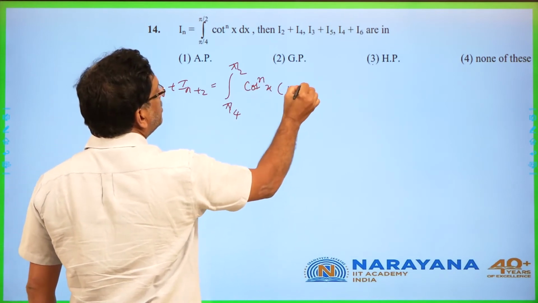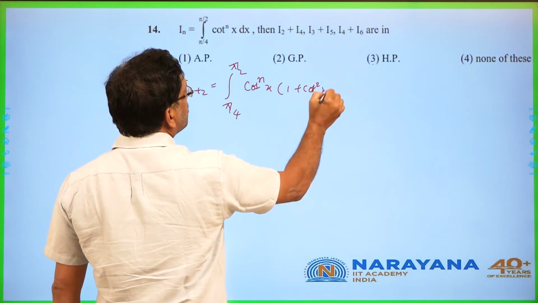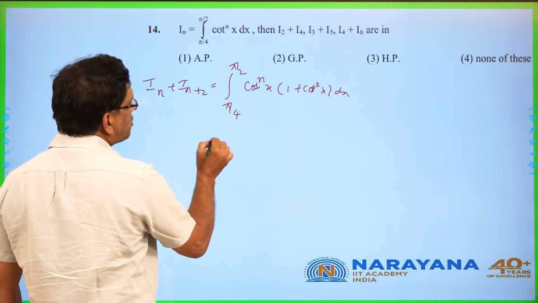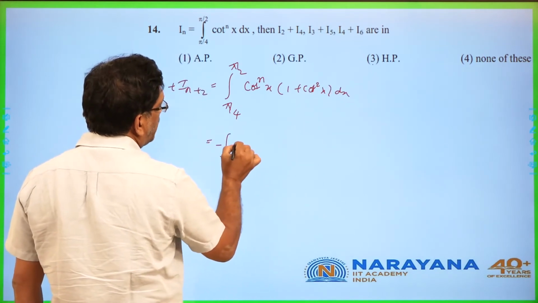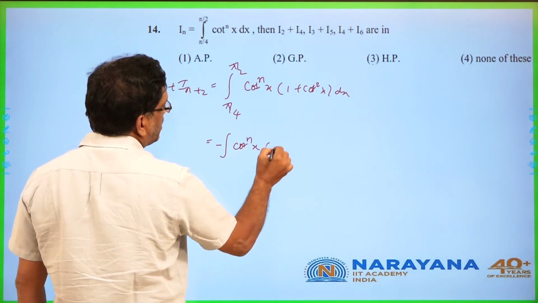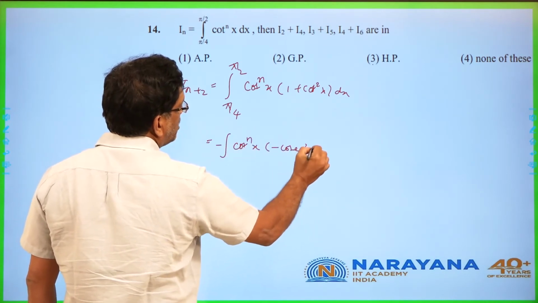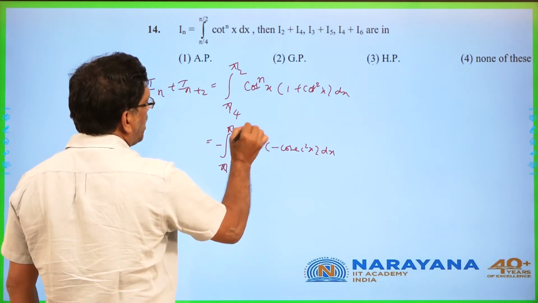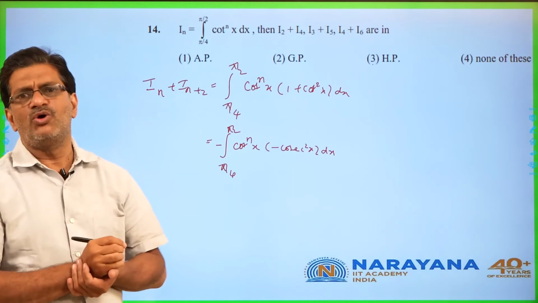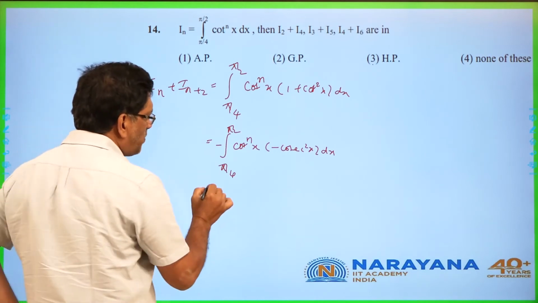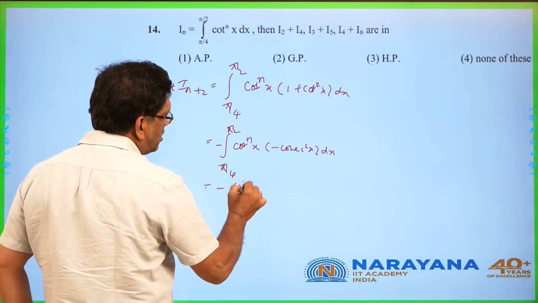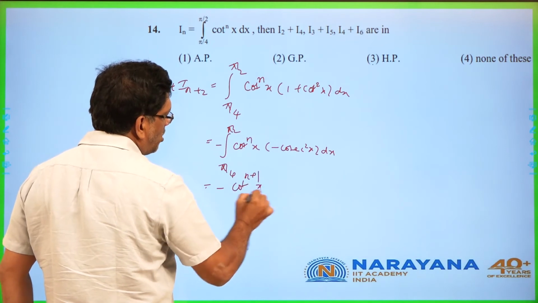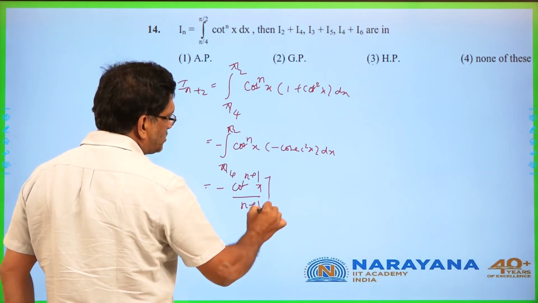If you take it common, it is 1 plus cot square x. 1 plus cot square x is cosecant square x. I am multiplying and dividing by minus, so that I can use one of the formulas, f of x whole power n into f dash x, which integrates to f of x to the power of n plus 1 by n plus 1.